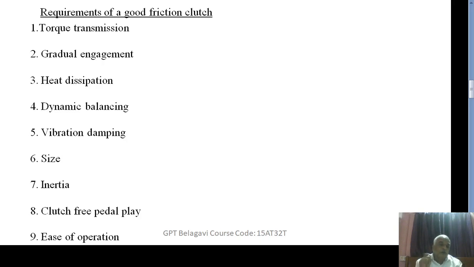Therefore, the operation should be very easy, so that it gives more comfort for the driver. Therefore, while designing a good friction clutch, we have to consider all these 9 aspects.